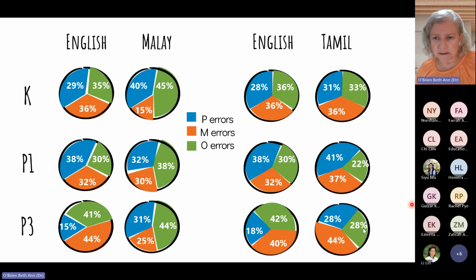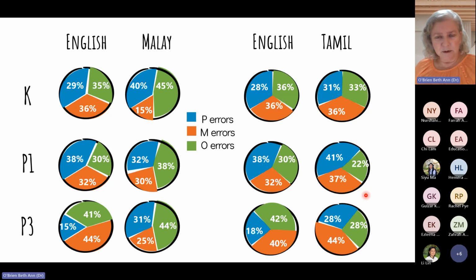When we looked at the Tamil language, there were differences across the age groups. For the kindergartners, they made a similar number of morphological and orthographic errors, and they made more morphological than phonological errors.